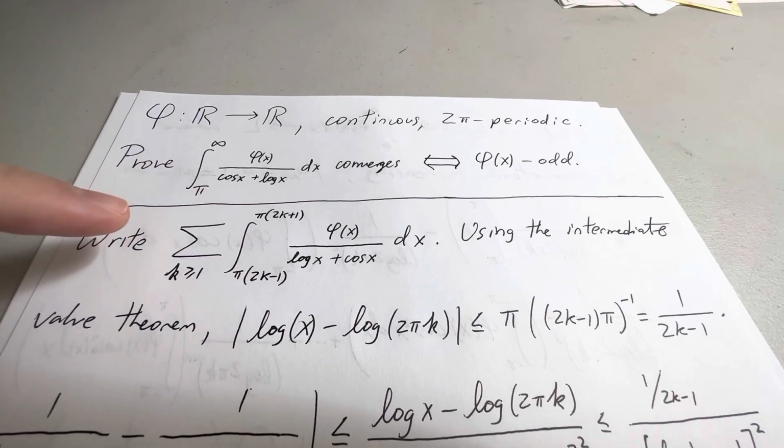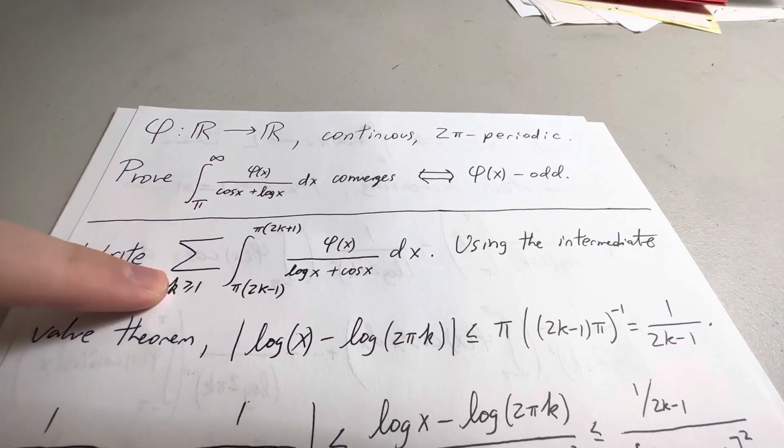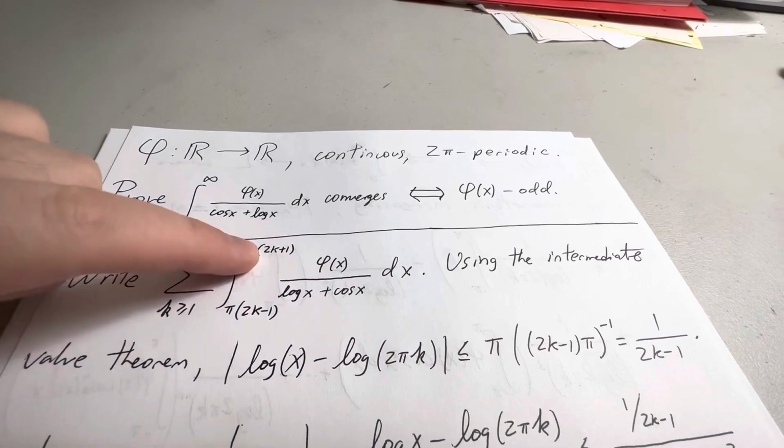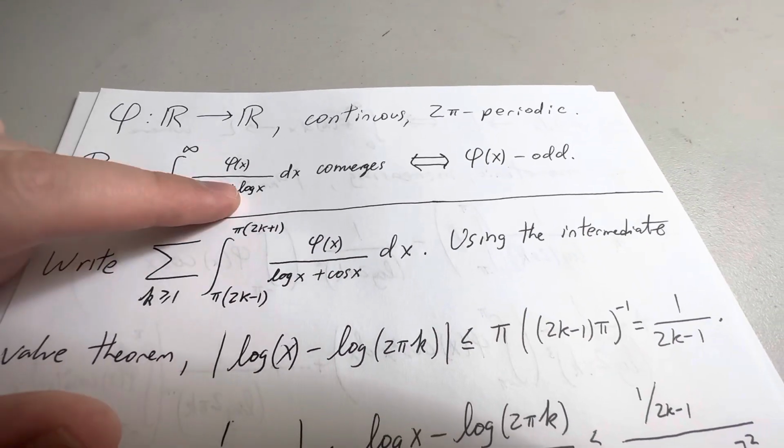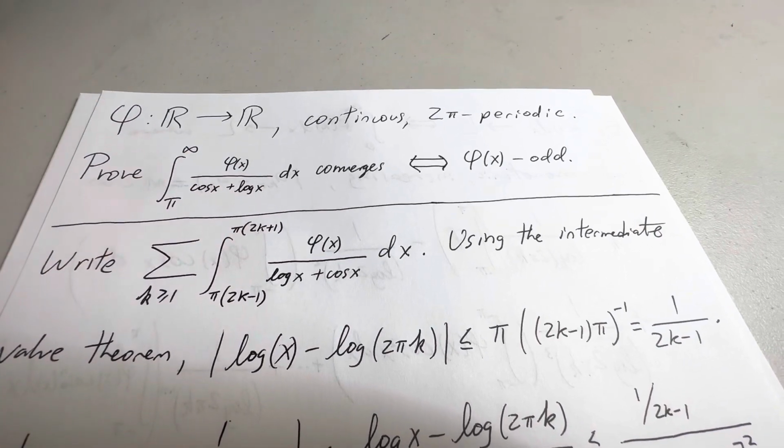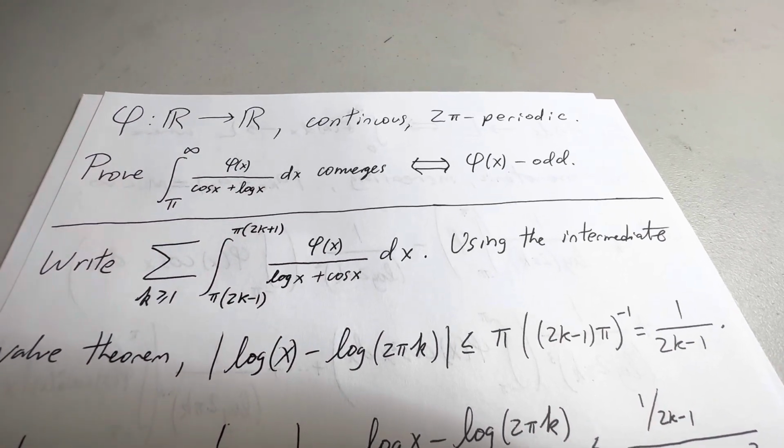The first thing we want to do is rewrite the integral as a sum of definite integrals. So we go from pi(2k minus 1) to pi(2k plus 1) because phi is a 2pi periodic function.